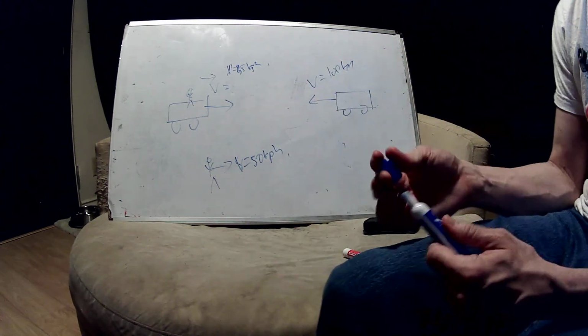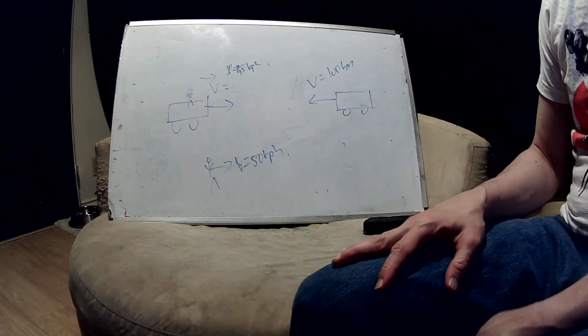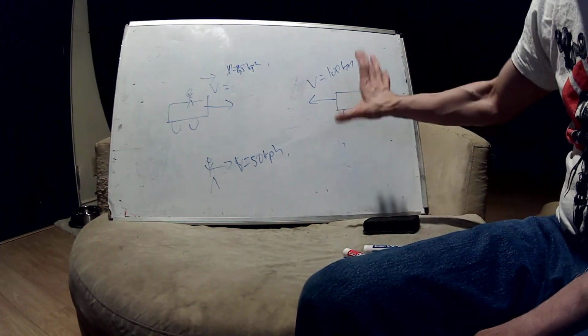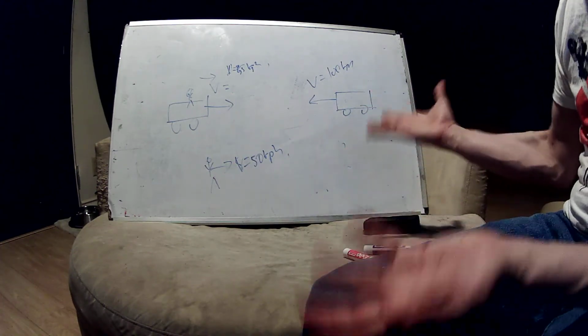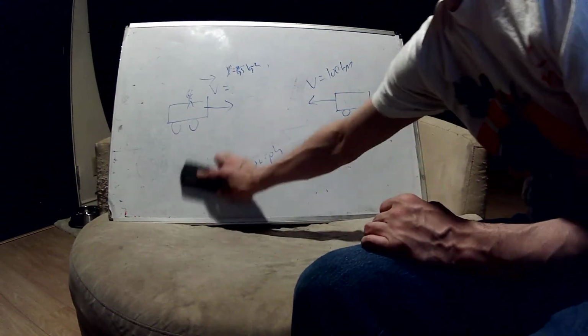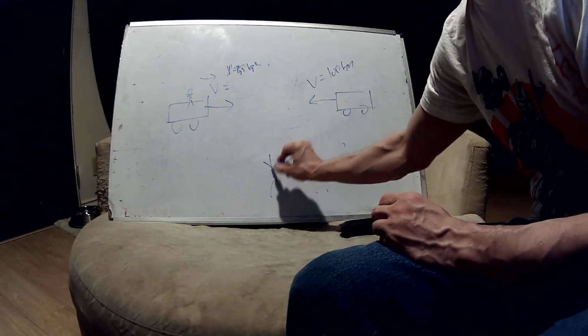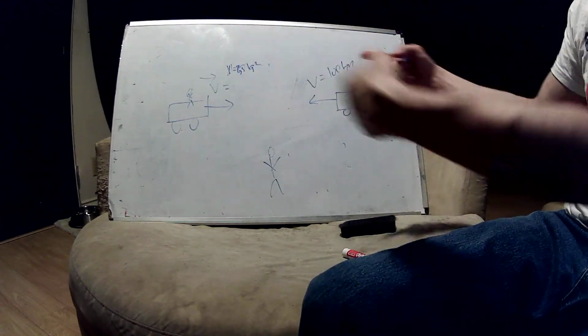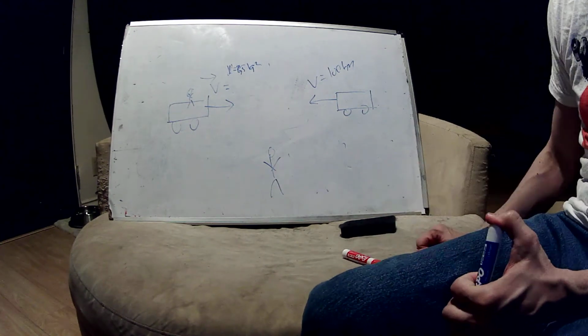Long story short, depending on your frame of reference, things can look a certain way, but velocities like this, you can kind of add them together to figure out what the actual situation is, right? Most of us don't have jetpacks, and so when we see cars go by, we can get a good general sense of how fast they're going relative to the Earth, right?